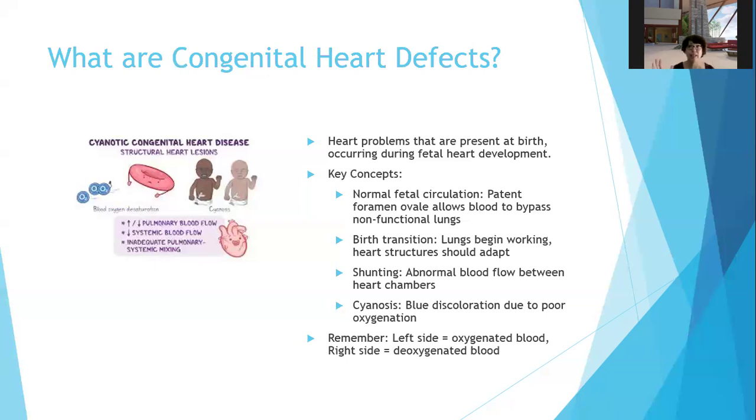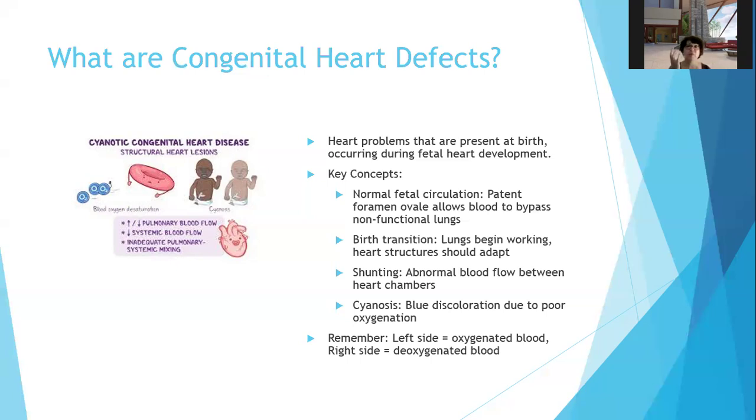Normally in an adult person in the air-breathing world, the venous blood comes in through the right atrium, goes down to the right ventricle, gets pumped out to the lungs. The oxygenated blood from the lungs comes in through the left atrium, goes down to the left ventricle, and gets pumped out through the aorta.